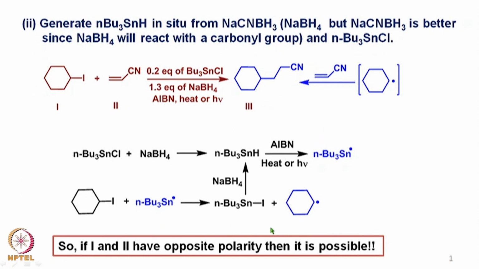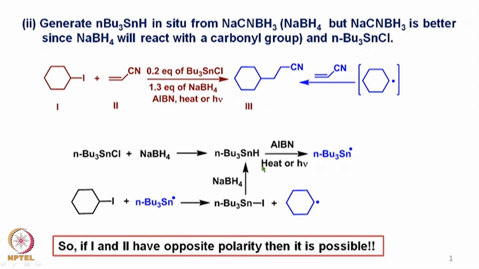So basically during the process, when we regenerate the tributyltin iodide from the starting material, this tributyltin iodide is then reduced with sodium borohydride, which is used in more than one equivalent, as I have shown here, 1.3 equivalents of sodium borohydride.